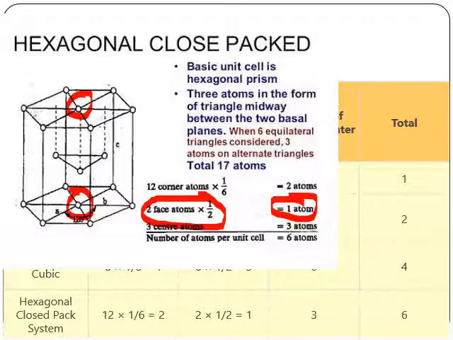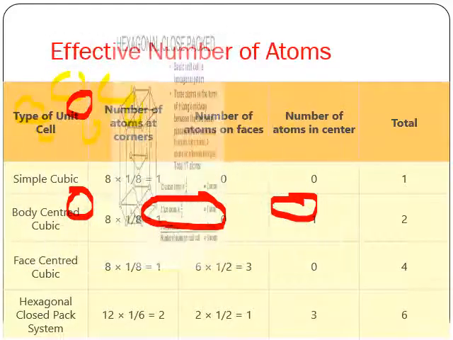Now these 6 atoms, 1, 2, 3, 4, 5 and 6 atoms, are shared by 12 unit cells. If I have one atom here, I have 1, 2, 3, 4, 5, 6 here and 6 above in the other hexagon.